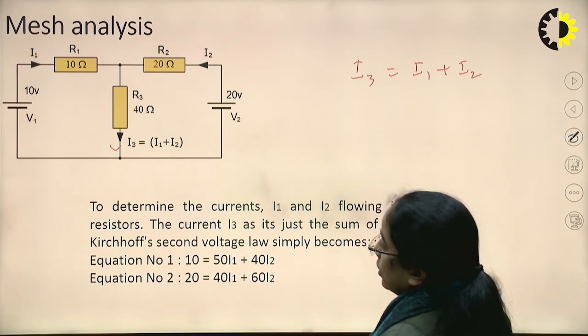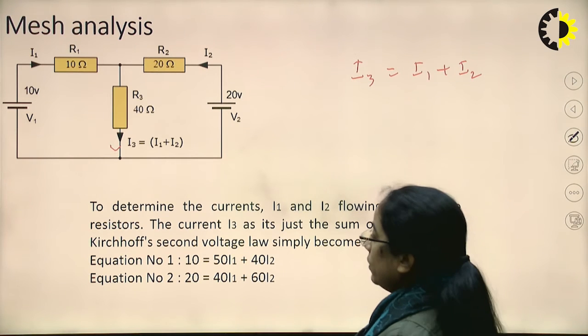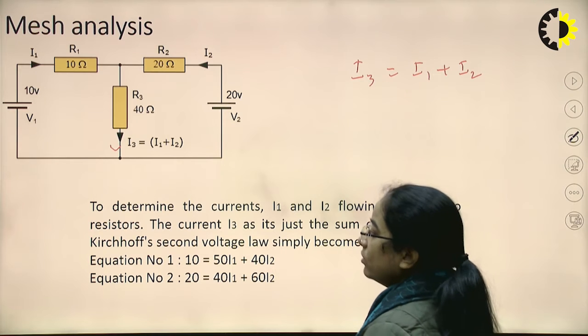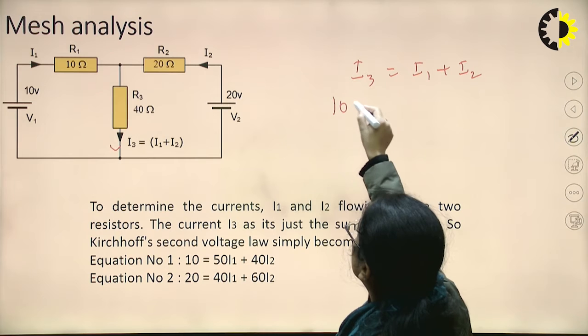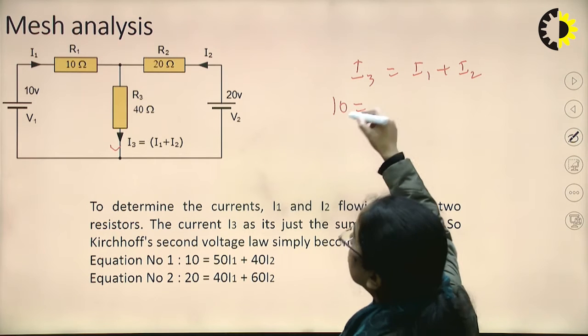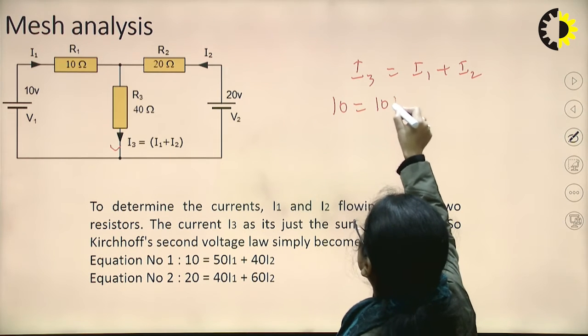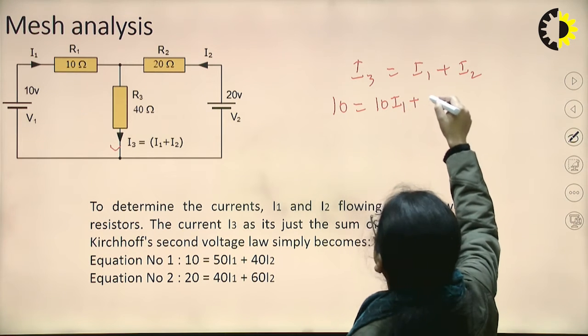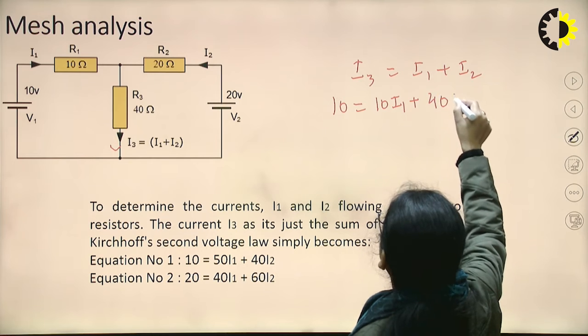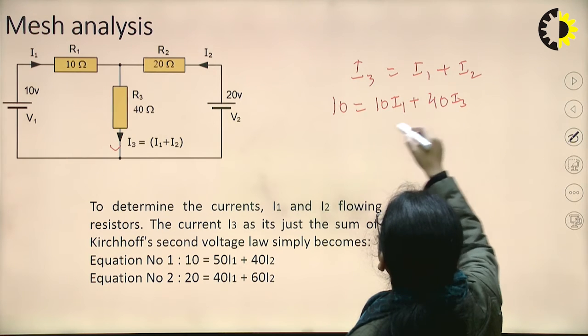Now if we apply KVL, we write 10 equals 10 I1 plus 40 I3, and I3 is I1 plus I2.